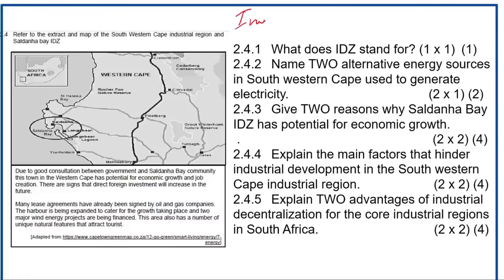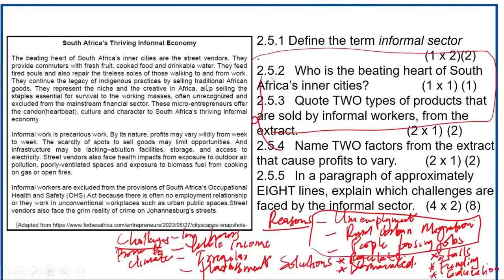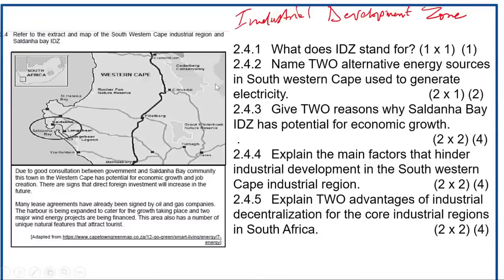And as much as you know what IDZ stands for, you must also know what an IDZ is, because those are two different questions. What does IDZ stand for and what is an IDZ are two different things.